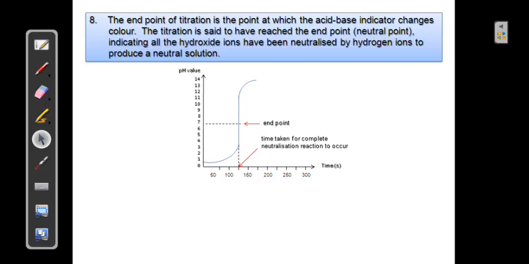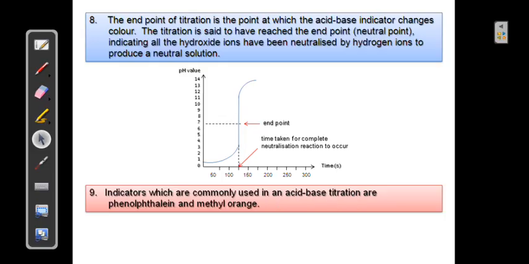A certain volume will require a shorter time, another a longer time, but they reach the same destination. Indicators commonly used in an acid-base titration are phenolphthalein and methyl orange. These are the common ones you find in the lab.